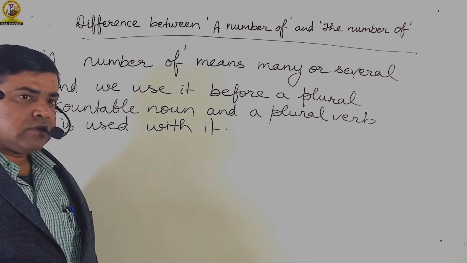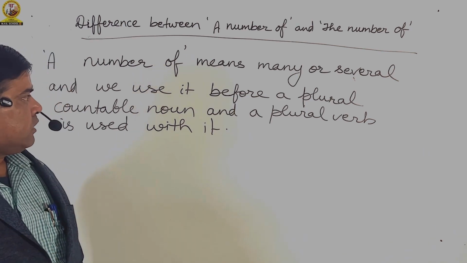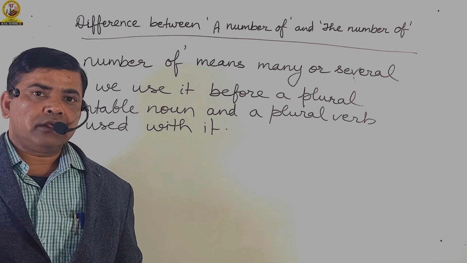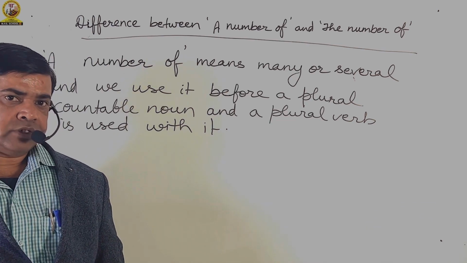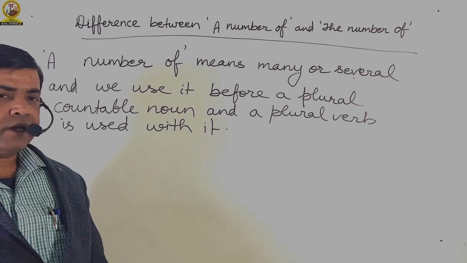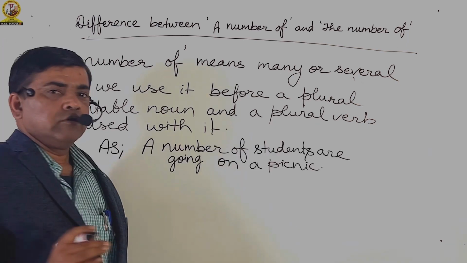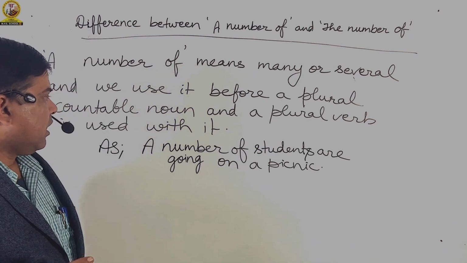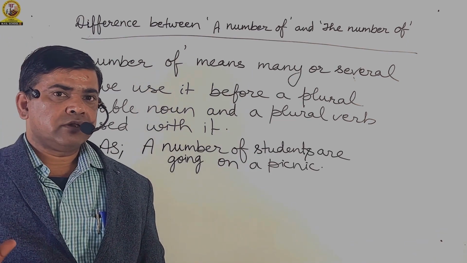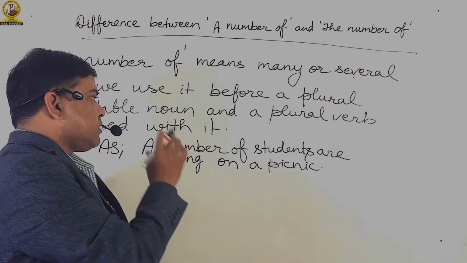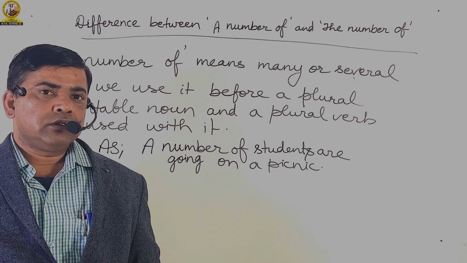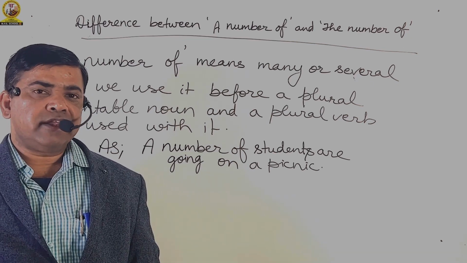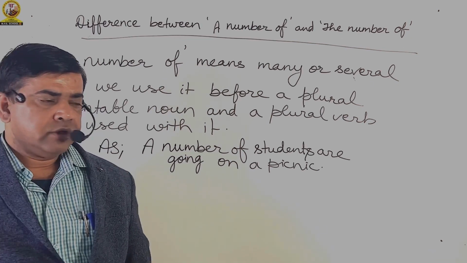So friends, we use it before a plural countable noun and a plural verb is used with it. It will be clear with a few examples. For example, a number of students. Here, when we use a number of, we don't use the before the noun students or any other plural countable noun.